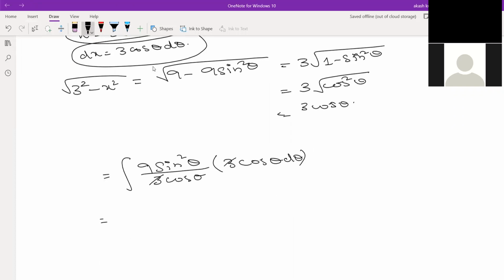This 3 cancels out, and this cos theta cancels out with this cos theta, so only 9 is left. Taking 9 out, it becomes sine squared theta d theta.